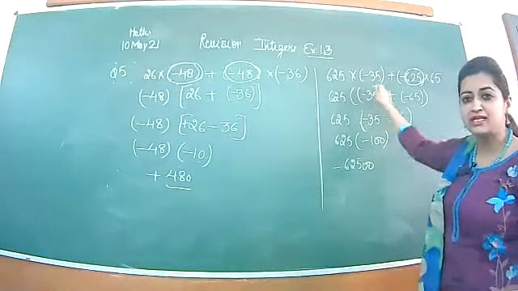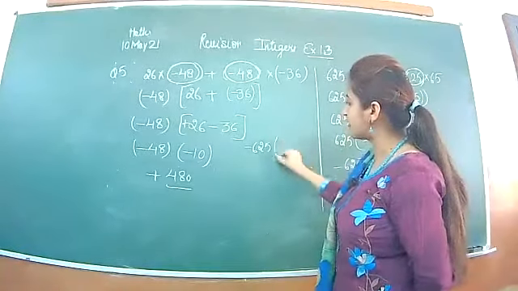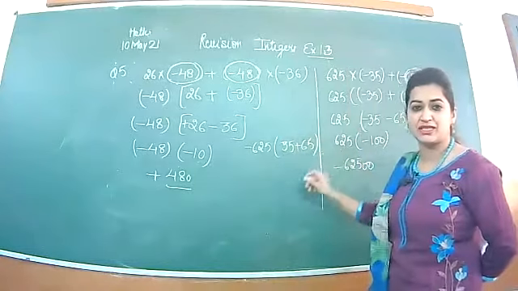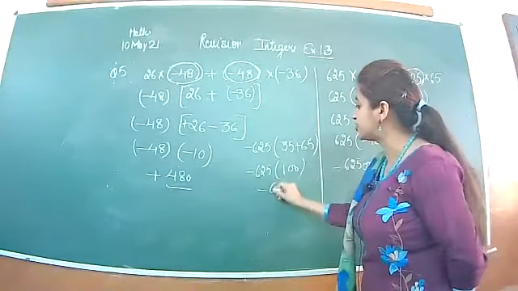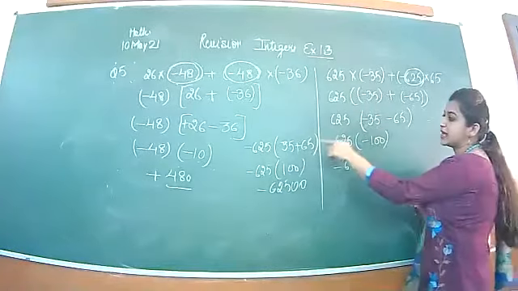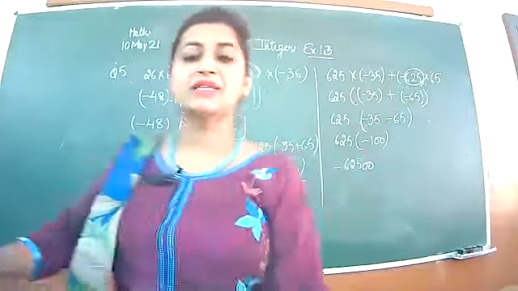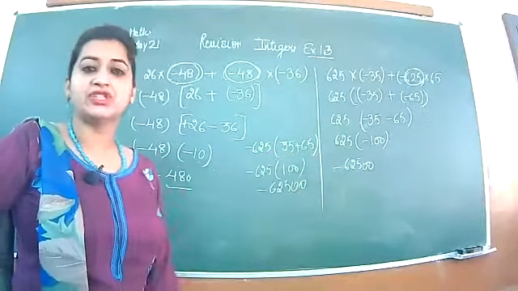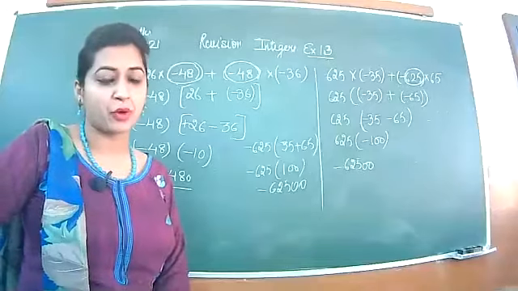If you take minus common in the beginning, then you will have minus 625 outside, and inside the bracket you have 35 plus 65. So I have done it in both ways. You can check your answer. The answer will be the same, but here I have taken negative common. In this, I haven't taken negative common. Minus we have kept inside the bracket. So both are correct ways. Check your answer. And inside the bracket, you will write the reason as distributive property.